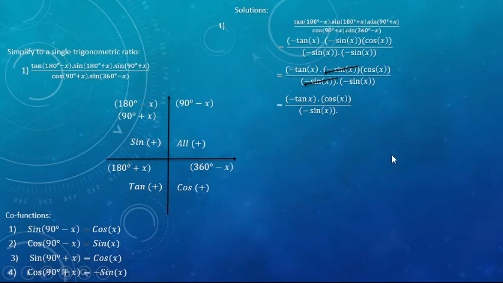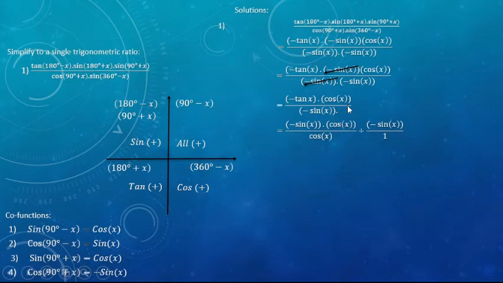And then as we can see, tangent x can be written in the form of sine over cos. So this sine over cos is for this tangent, and then this cos is this cos.